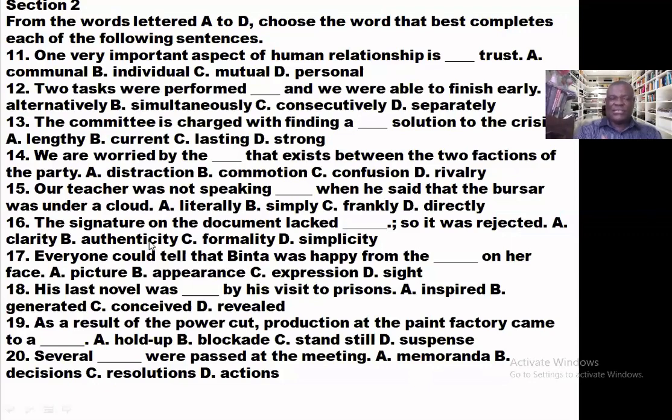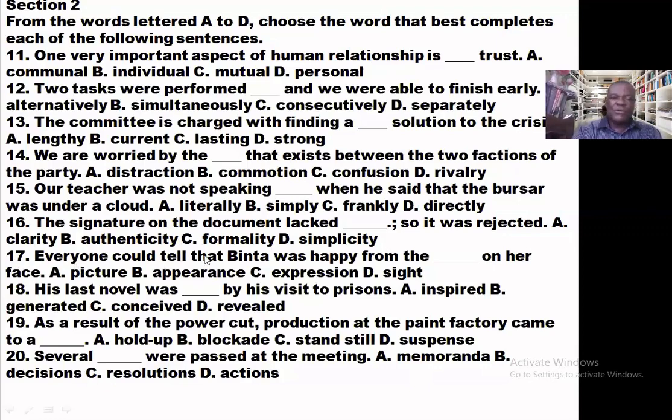The signature is authentic when it is believed to be the original signature of the signatory, and it becomes suspicious if it is assumed to be fake. So authenticity, from the word authentic or genuine. C, formality, no. D, simplicity, no. So authenticity is the collocate of a document. A document can be authentic or it can be fake.